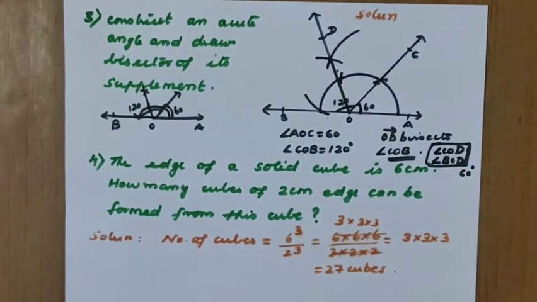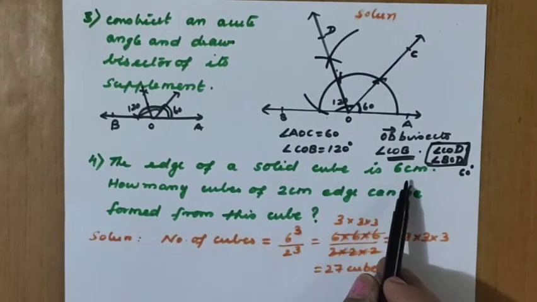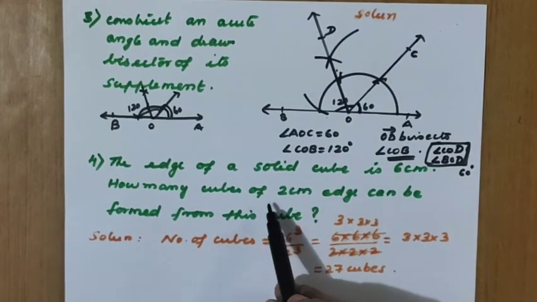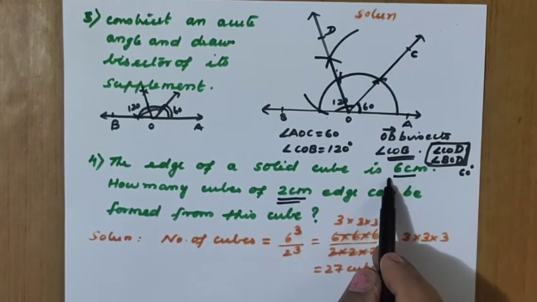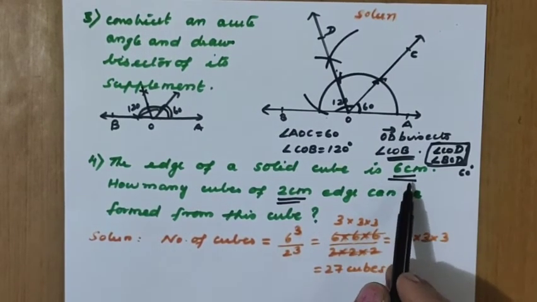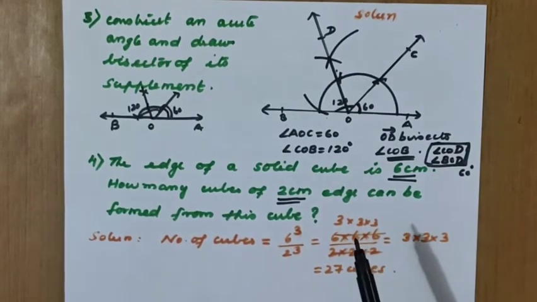Okay, the fourth question. The edge of a solid cube is 6 cm. How many cubes of 2 cm edge can be formed from this cube? From the 6 cm cube we have to make cubes of 2 cm.